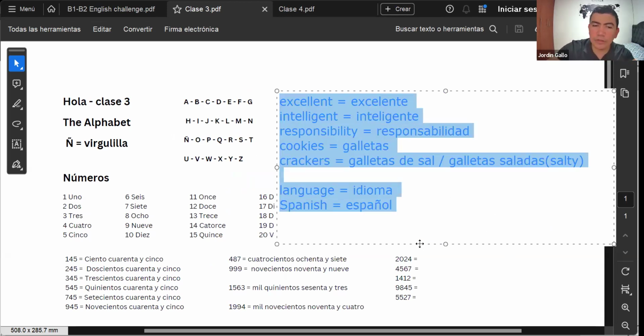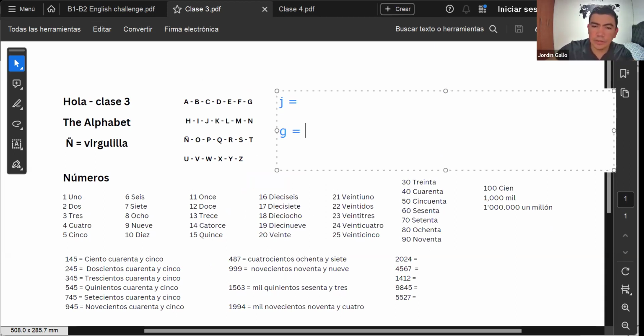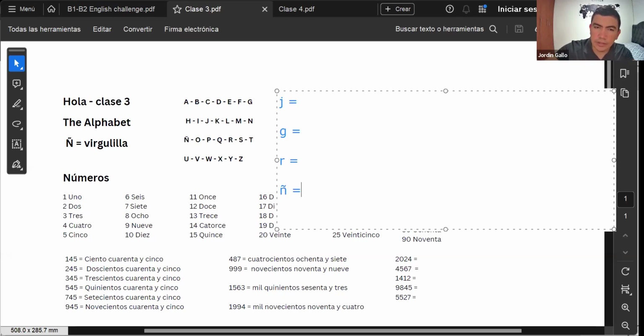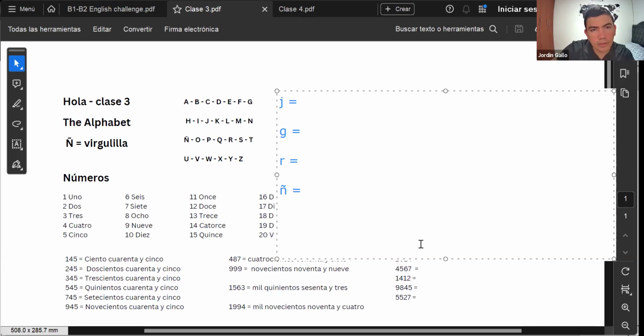Okay, so I'm going to put this, this, and this. I consider these the 5 letters that students find more difficult to pronounce because they are similar.